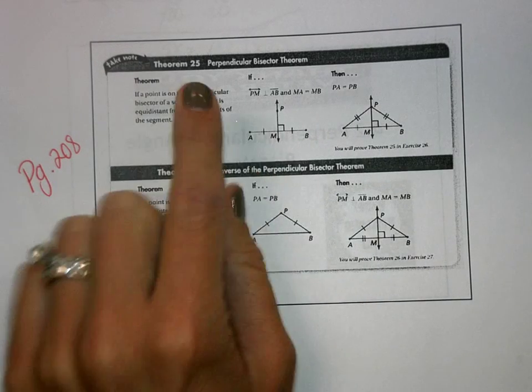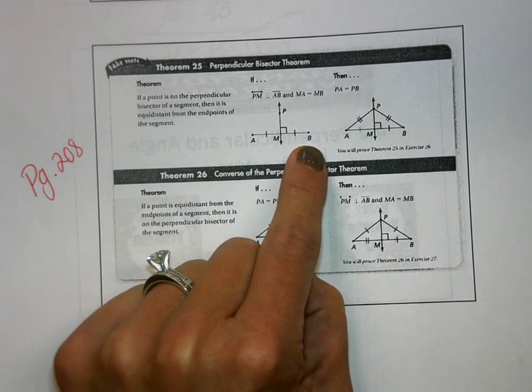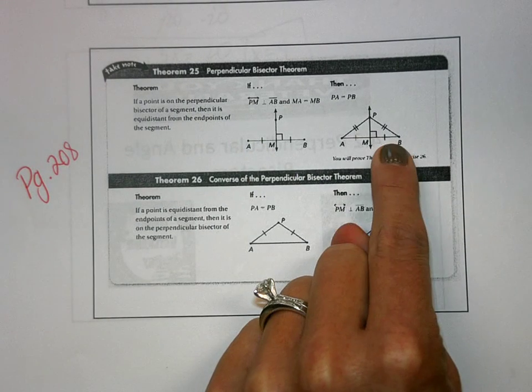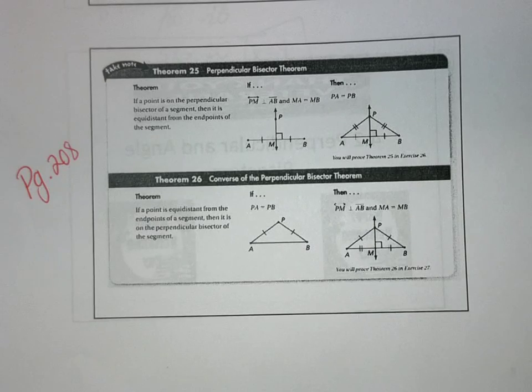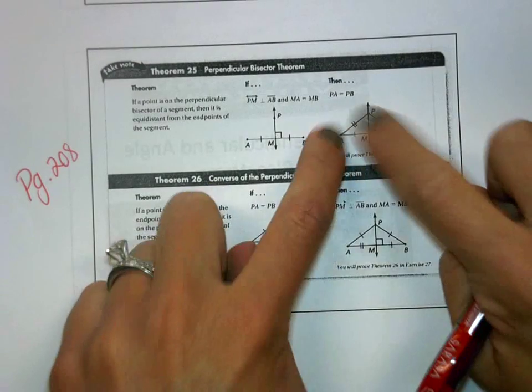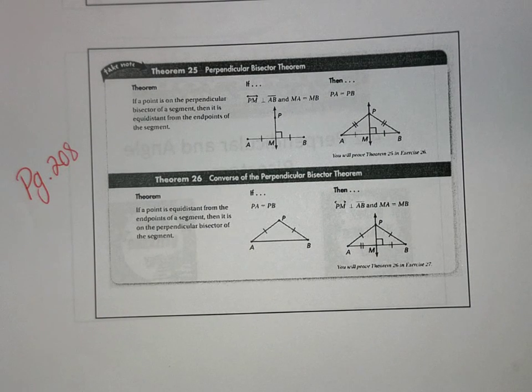They've done the same thing right here. PM is a perpendicular bisector of AB, so that makes two 90-degree angles or two right angles. And we know that PA will be congruent to PB because it's going out the same distance. Okay? The converse is true.